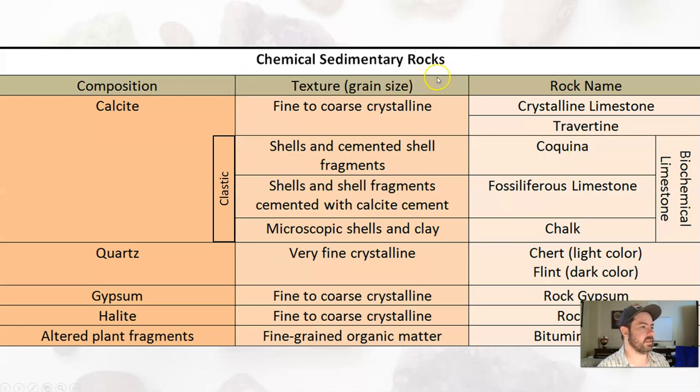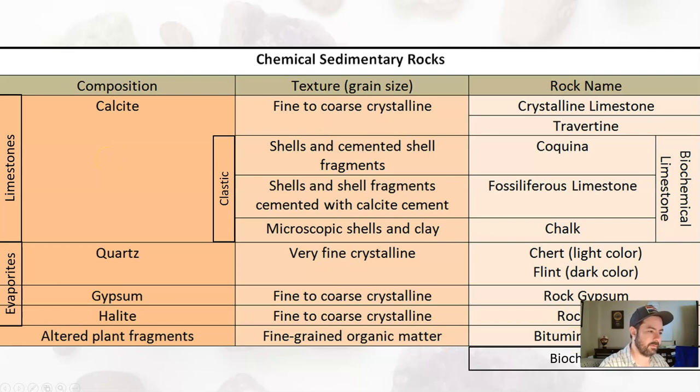So for chemical sedimentary rocks, it's more based on the composition, somewhat the texture and grain size, but more so on the composition. These are more clastic in nature, but they're still chemically derived sedimentary rocks. These are all types of limestones. These are all evaporites formed by material evaporating away. Limestone is formed by a little bit different process.